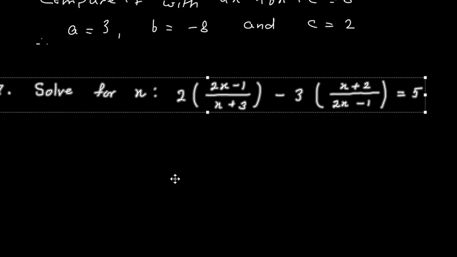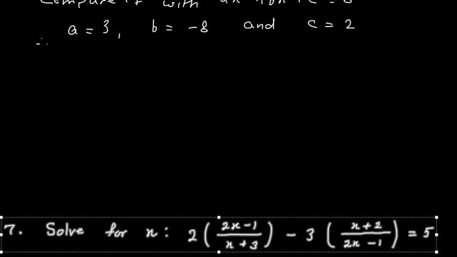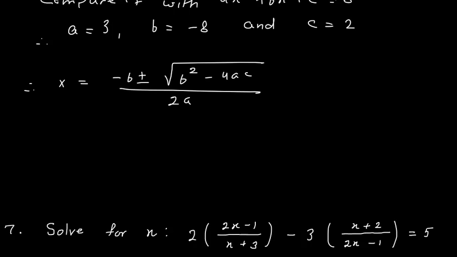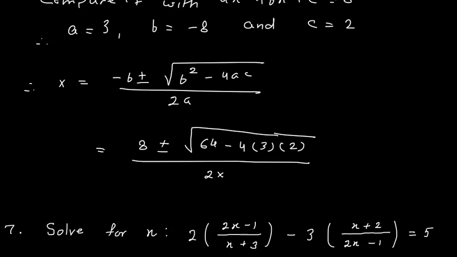So we got the values of a, b and c, so therefore we will say that x is equal to, now the formula is minus b plus minus root of b square minus 4ac whole divided by 2a. So this gives us 8 plus or minus root of b square, that is minus 8 square. So minus 8 square is 64, minus 4 into a is 3, into c is 2, and whole divided by 2 into 3.